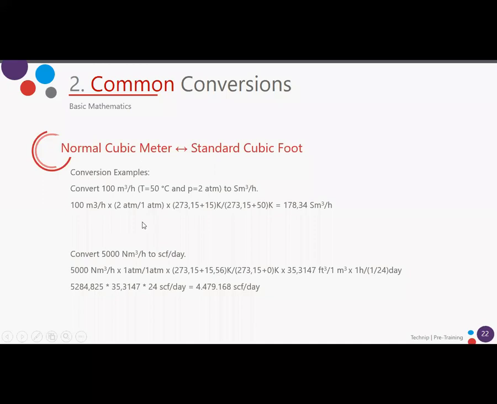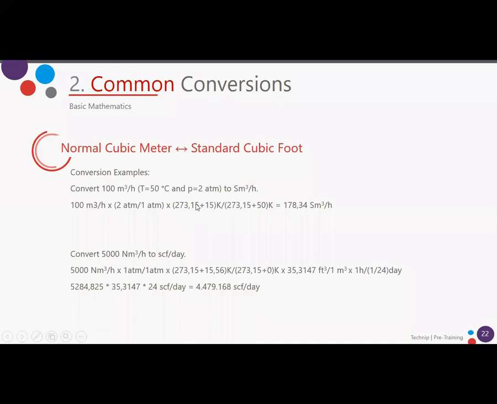So applying the formula we saw on the slide before, which is based on the ideal gas law, we multiply our actual volume flow, 100 cubic meters per hour, by the ratio of the pressure of our actual volume flow, 2 atmosphere, divided by the pressure of the gas flow at standard cubic meters per hour, which is 1 atmosphere.